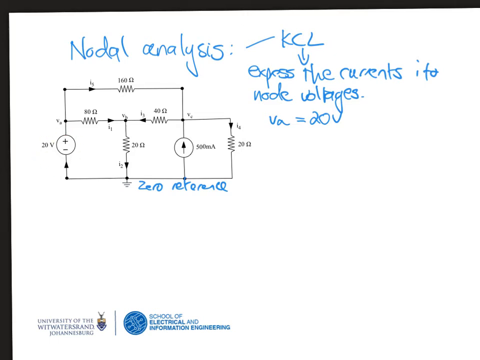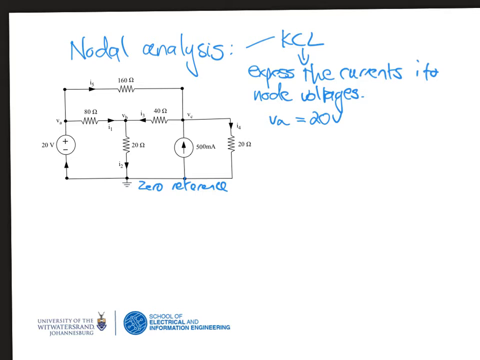So we know that the voltage between ground and VA is 20 volts. VA is at the higher end of the voltage source, and the zero reference node is at the lower end of the voltage source.